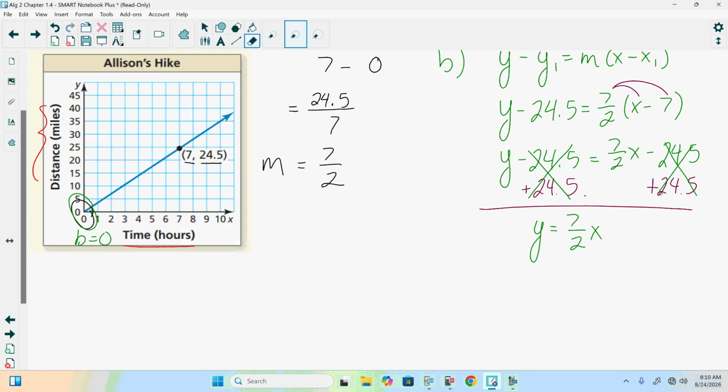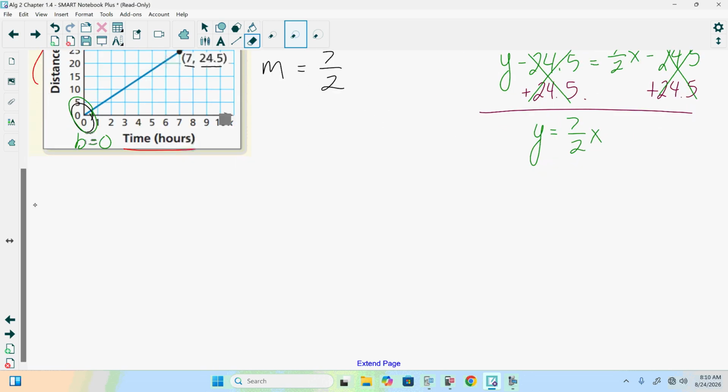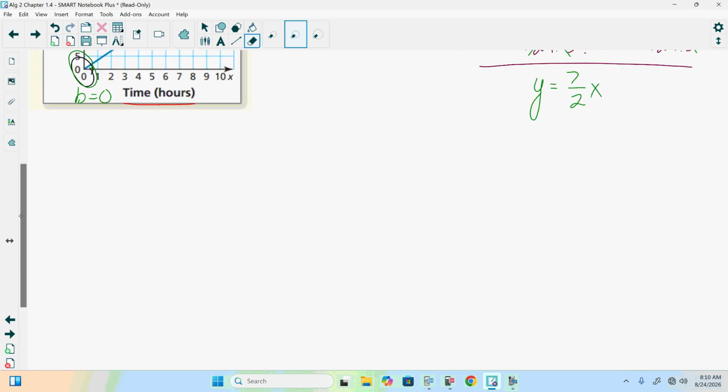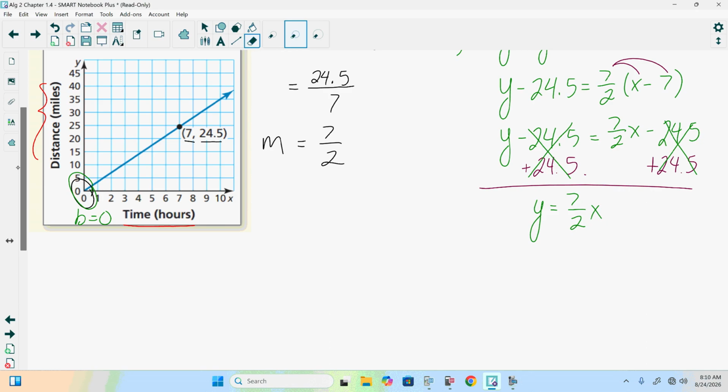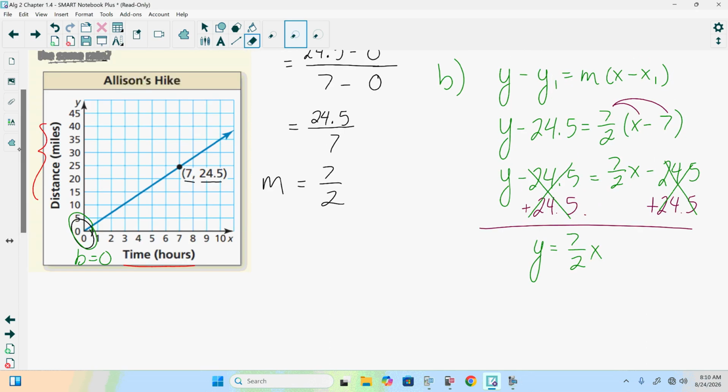So it doesn't matter which one we do. It is very nice if I notice the y-intercept is 0, so we can jump straight to that equation and not go through the calculations. However, if we don't see that, we can still do point slope form and get the same equation.